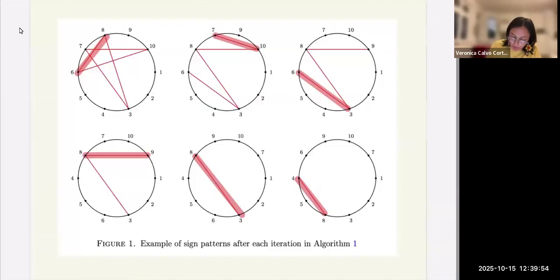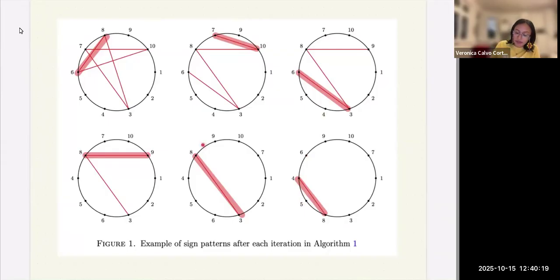And so here we swap 4 and 6. We obtain this. Now this is the shortest. Again, we swap and we obtain this. Here we swap, we obtain this. And I didn't put the last step, but here we will swap 5 and 4, and we will obtain the all positive sign pattern.